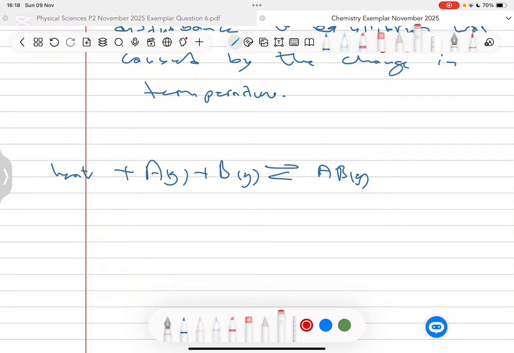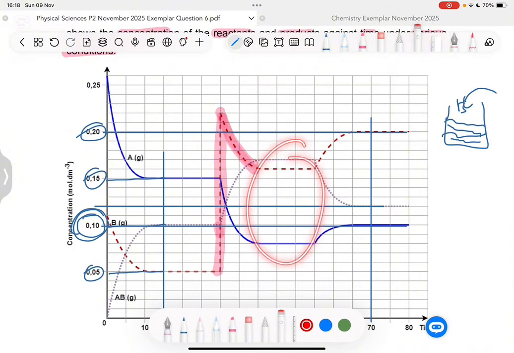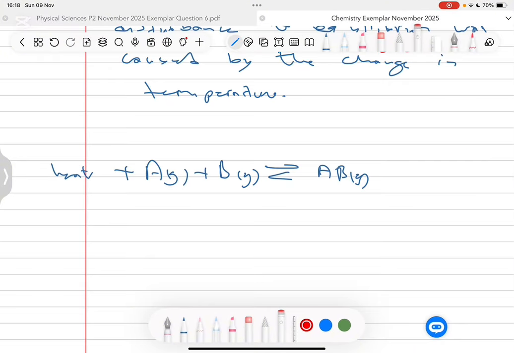Now, if in this reaction I'm saying that we are favoring the reverse reaction, we are actually forming A and B. And because it's an endothermic reaction, it means we are also forming heat. We are increasing the heat. So for us to increase the heat, it means originally when we disturbed equilibrium here, we decreased the temperature.